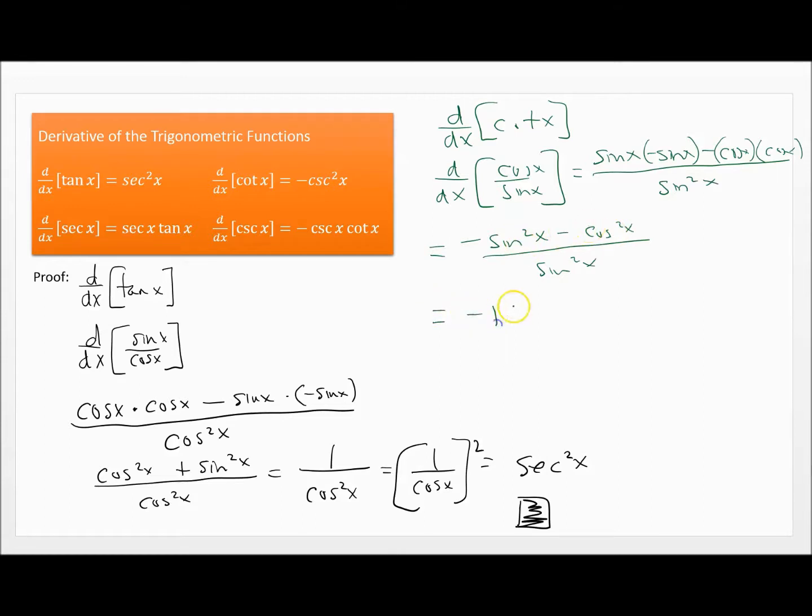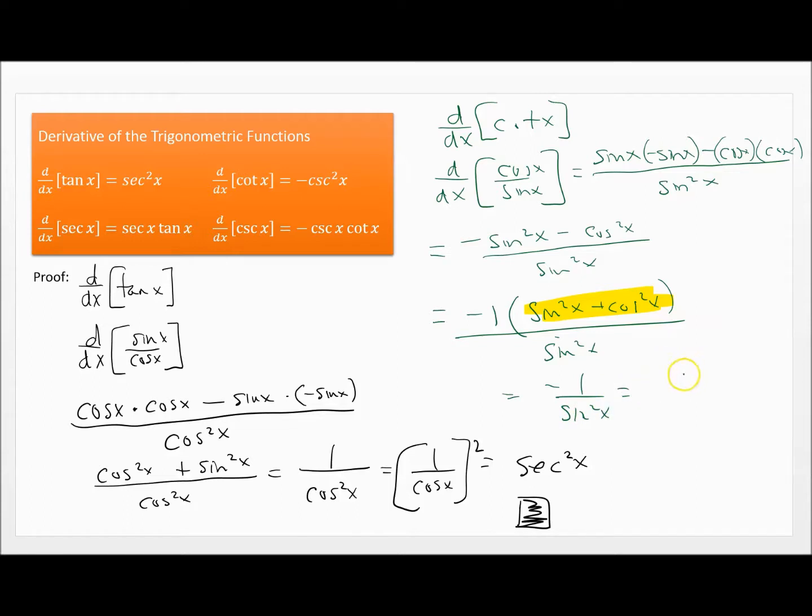So it's negative 1 times sine squared plus cosine squared, now that we factored that negative 1 out of the numerator, and of course of x, over sine squared of x. Now, once again, a highlight for you, this is the Pythagorean identity. So that's equivalent to 1. So now I have negative 1 over sine squared of x.